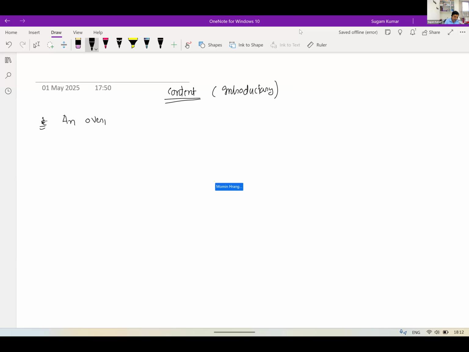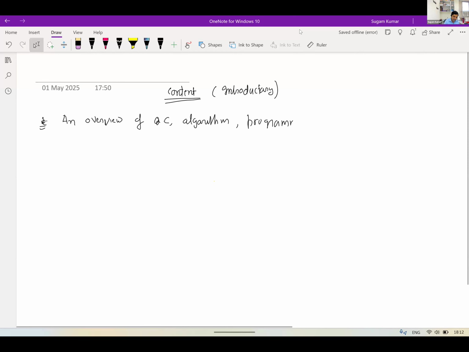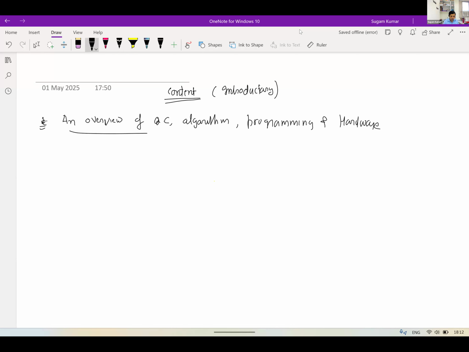This whole lecture is all about an overview of quantum computing, then algorithm, programming, and hardware. So that is today's lecture.